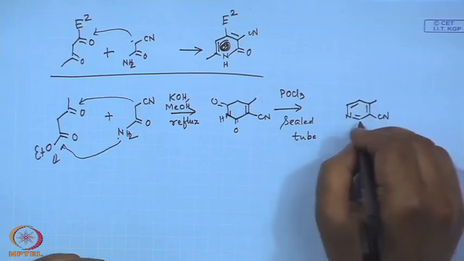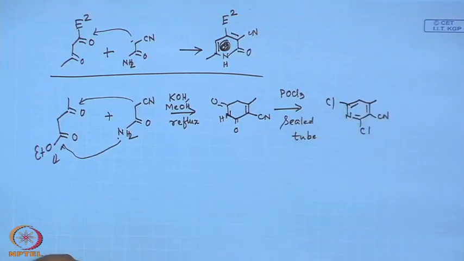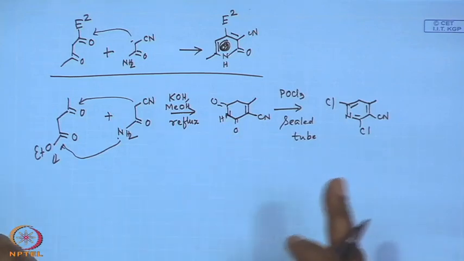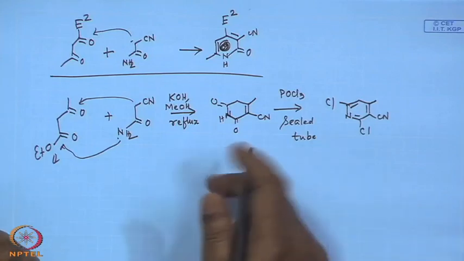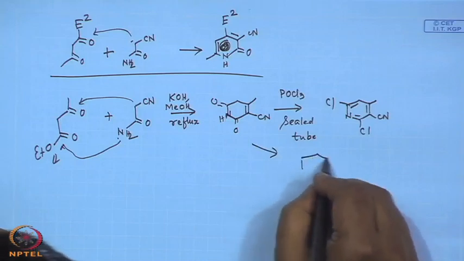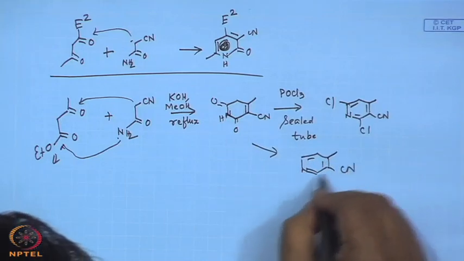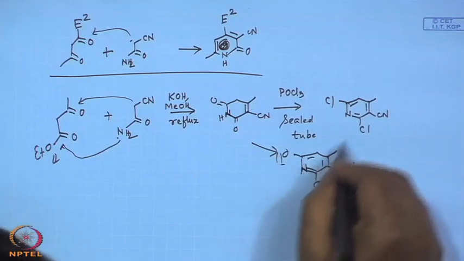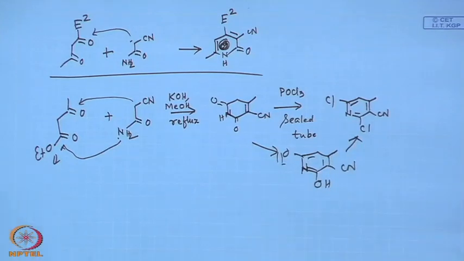So, you get cyano here, chlorine and chlorine, just like a phenol or acid chloride, where OH is replaced by chlorine in POCl3 or PCl5 reactions. Here also, if you tautomerize it would look like a dihydroxy compound, OH and OH, and this OH is replaced by chlorine, and so you got these compounds.